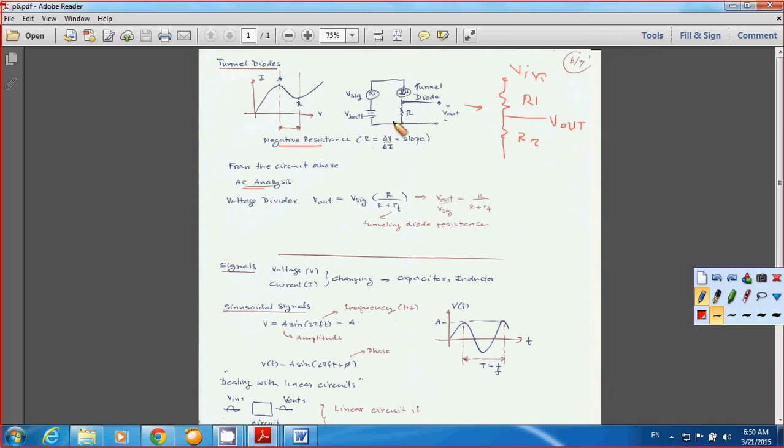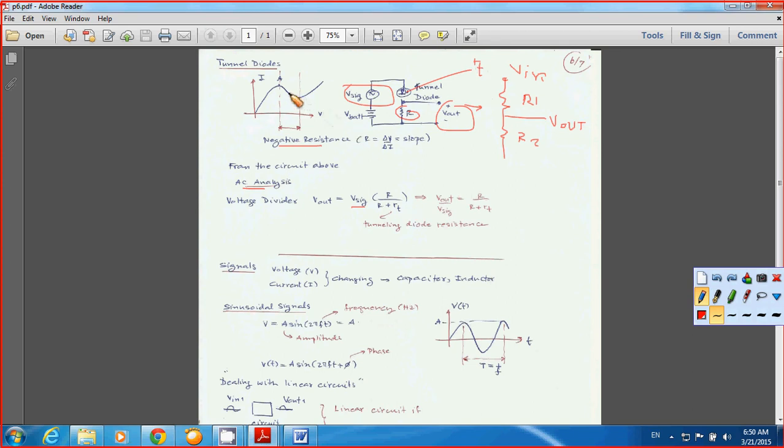You use the voltage divider, your V out simply becomes V signal multiplied by R over R plus RT, where RT is the resistance of the tunnel diode.